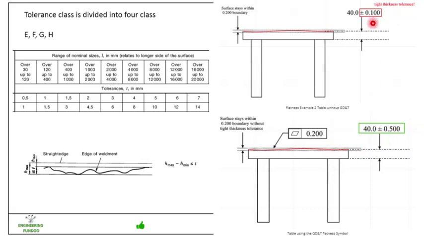Here also you can see the tight thickness tolerance is 40 mm plus or minus 0.1 because we have a 0.2 mm flatness requirement. Friends, this is how it has been applied. This is the flatness example with GD&T and table using the GD&T flatness symbol. So here you can see the application of this standard also.